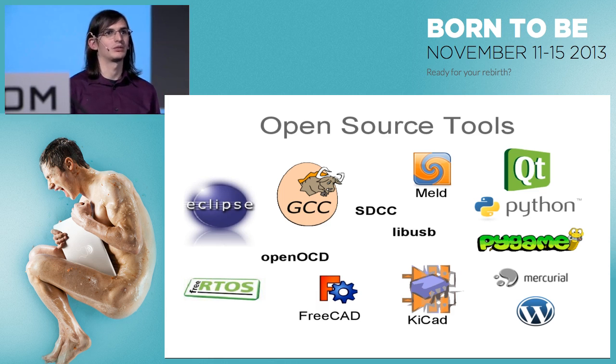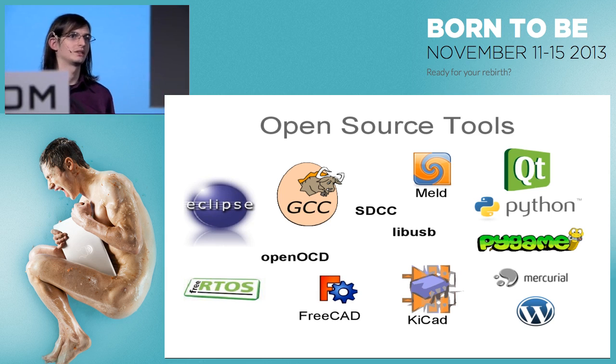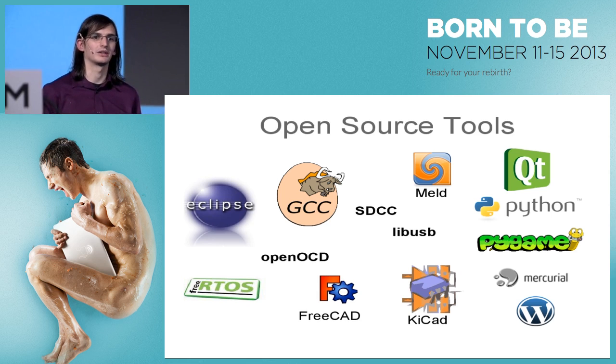And electronic CAD. We started with Eagle, which is free as in free beer, but limited to 2-layer boards. The new copter has 4-layer boards, so we went for KiCad, which is an open source CAD tool. It has its drawbacks, mostly in routing, but it's getting better.